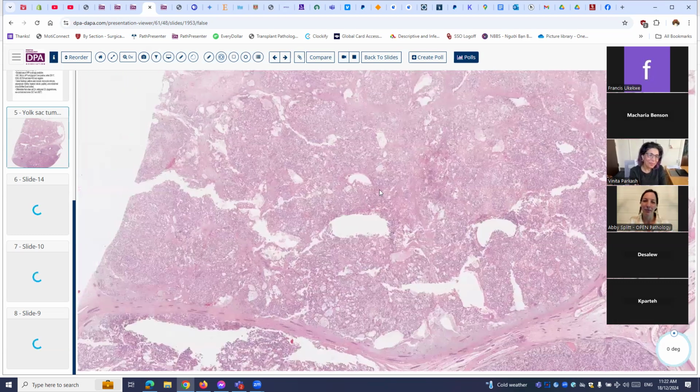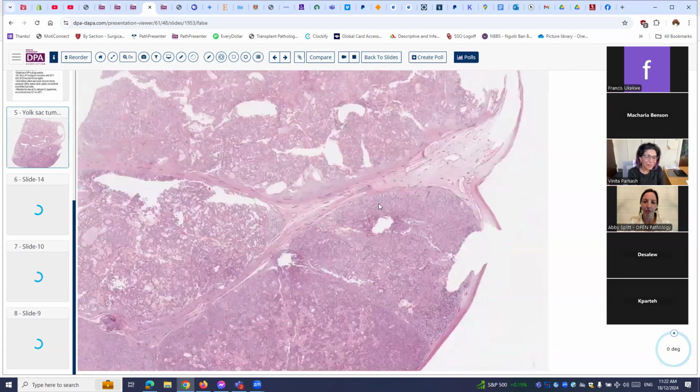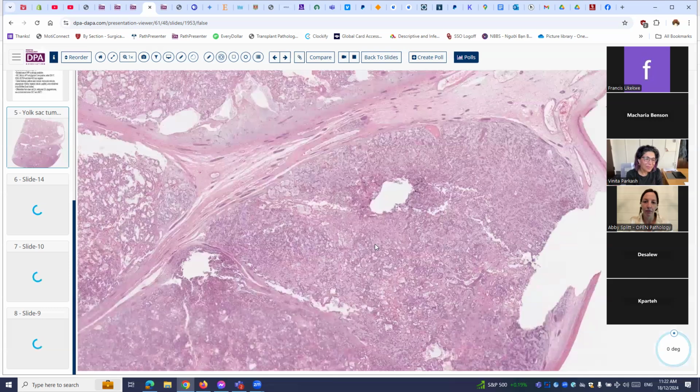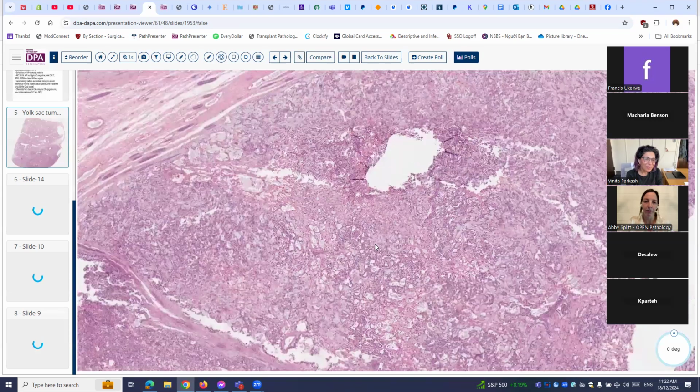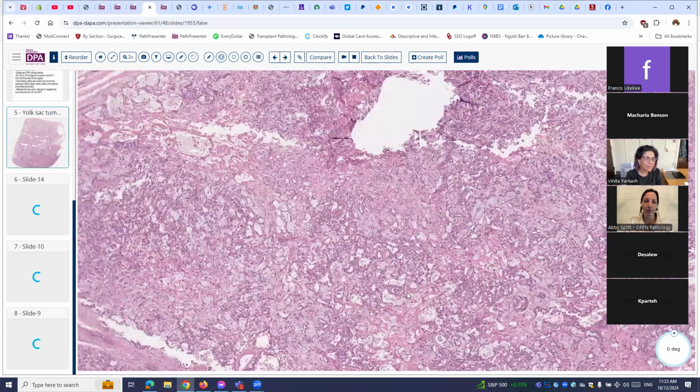This is again a younger patient, 30. There are nodules, nodular structures. I can't appreciate the high power, but at a low power, there are some small cystic or follicular-like structures containing secretory material.